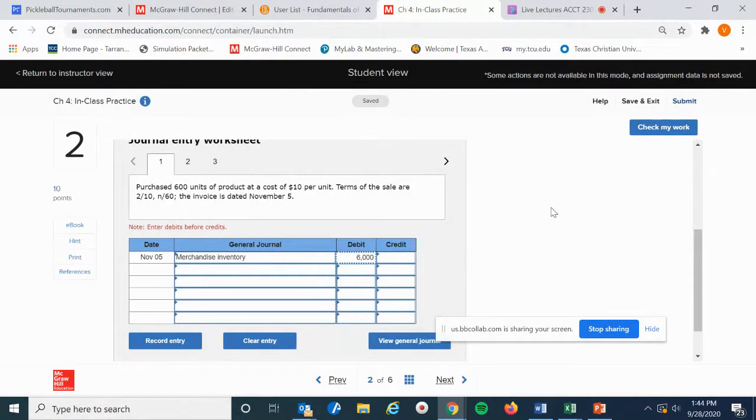Merchandise inventory is a current asset account. We always increase it with a debit. And then I know that this is a credit purchase because of the terms of sale. This tells me that the company hasn't paid cash, they've paid on account. So accounts payable is the correct amount here on the credit side.